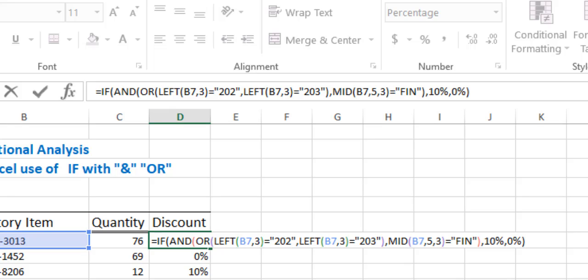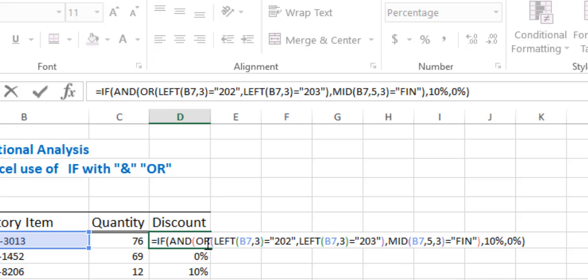If the first three characters from the left side are 202, or from the left side the first three characters are 203, then MID, the same MID function is used, in B7 beginning from the 5th character. If the three characters are FIN, then we give a 10% discount, otherwise 0% discount.